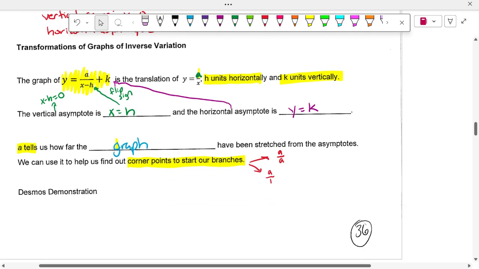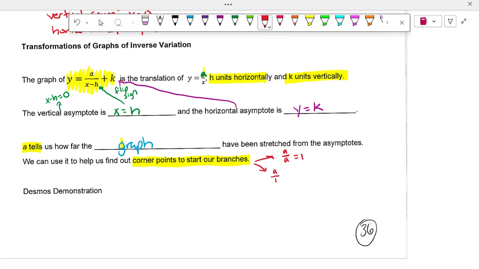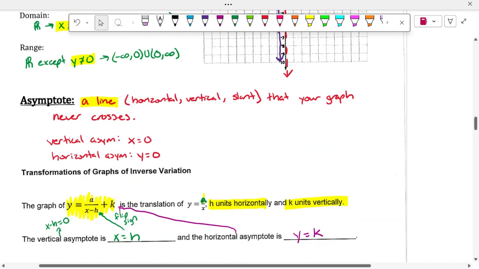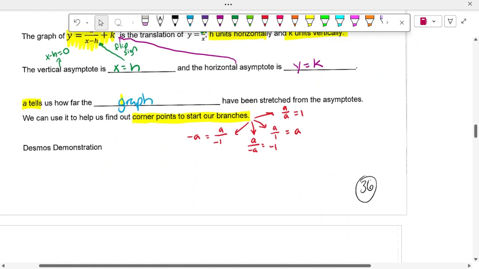So whenever you're doing your branches, you take your A value and you find an x value that'll give you the same A value on the bottom, because then that equals 1. A over 1, you try to get an x value that'll give you 1 on the denominator, because that'll give you A. On the flip side, you do A over negative A to give you negative 1, A over negative 1 to give you negative A. These are typically the points that you want to use when you're creating what we call your branches, which are just these purple things here.